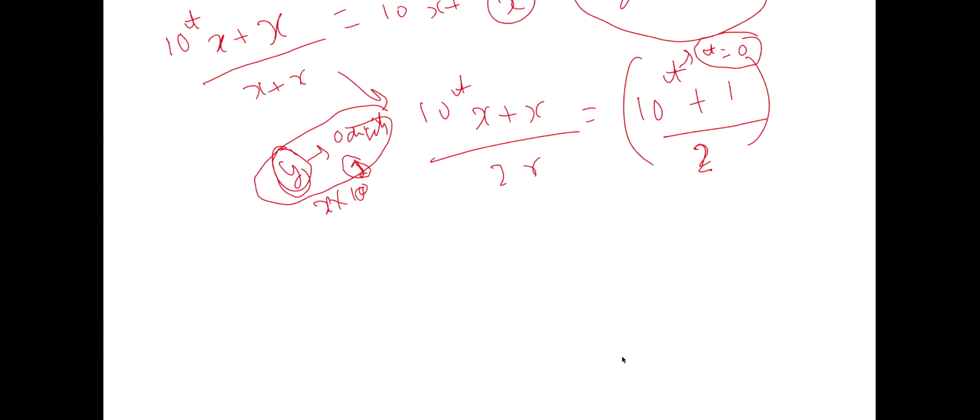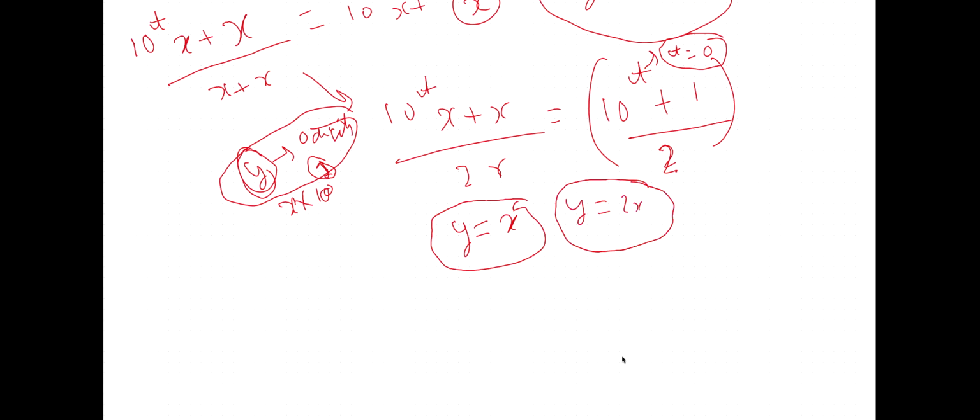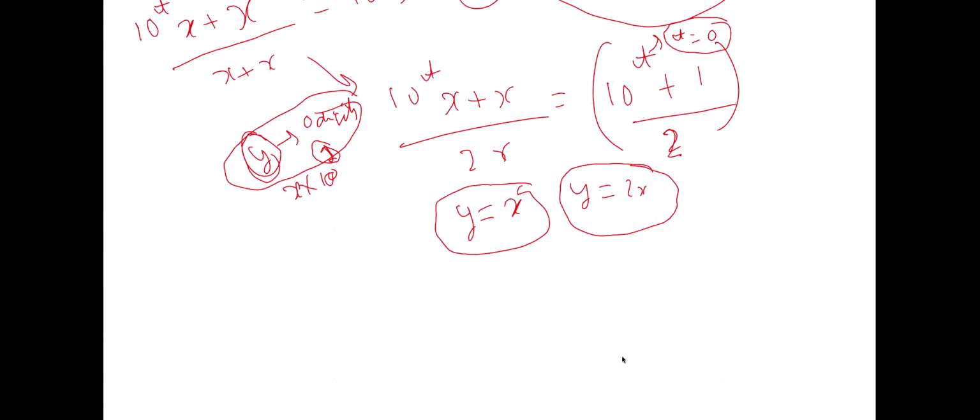So my observation, or I would say assumption, that y should be equal to x is wrong. Now I will go with y equal to 2x. Why am I going from y equal to x to 2x? A very simple reason: I don't want to overcomplicate it, so I would like to choose some simple numbers.